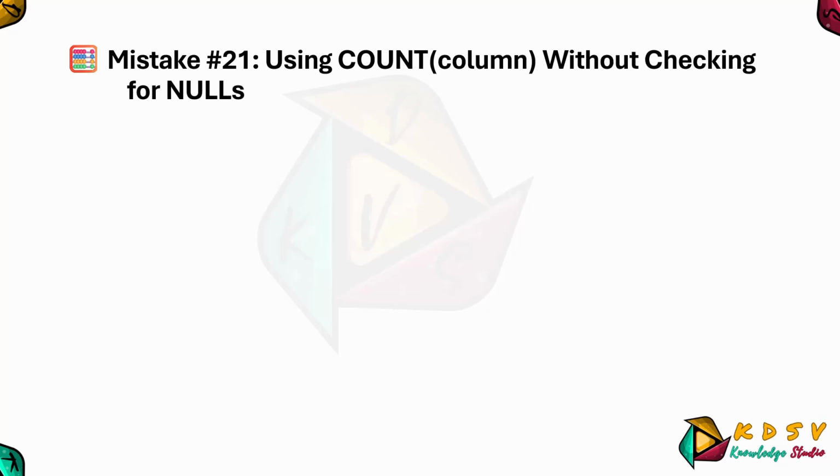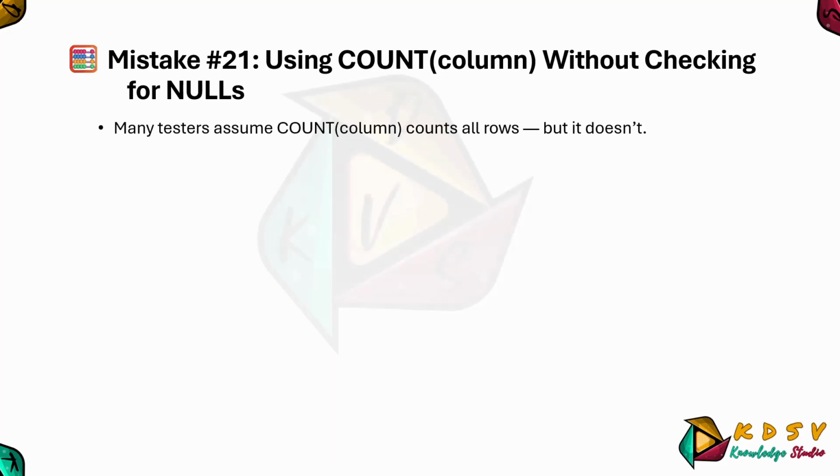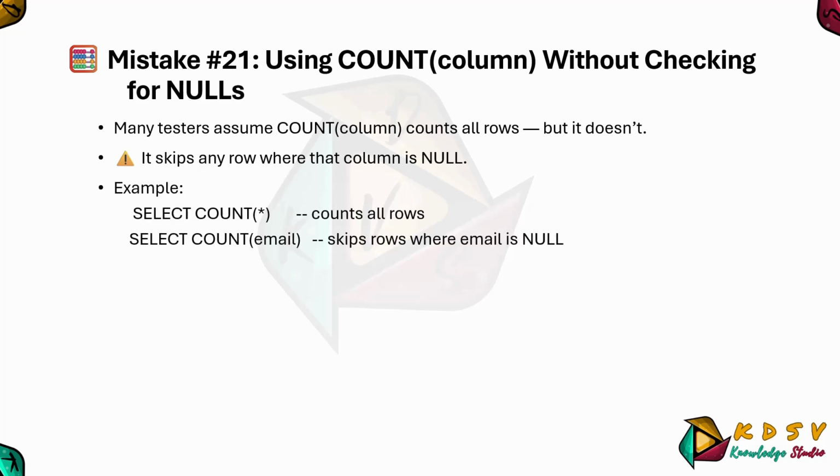Mistake number 21, using count column without checking for nulls. Many testers assume count column counts all the rows, but it does not. It skips any row where the column value is null. For example, count star counts all the rows, while select count email skips the rows where email ID is null.